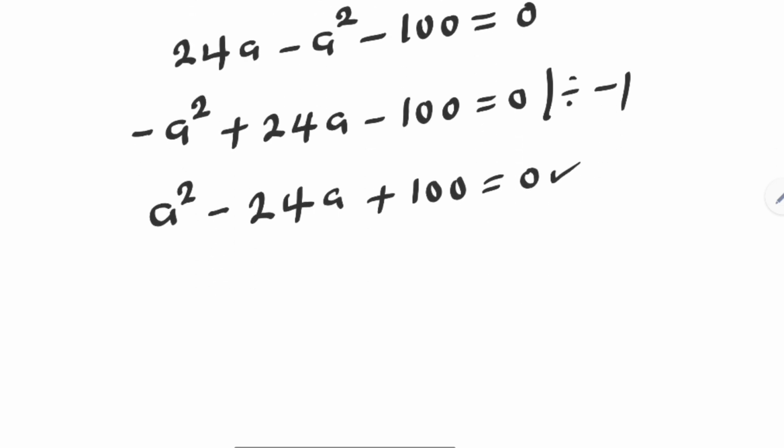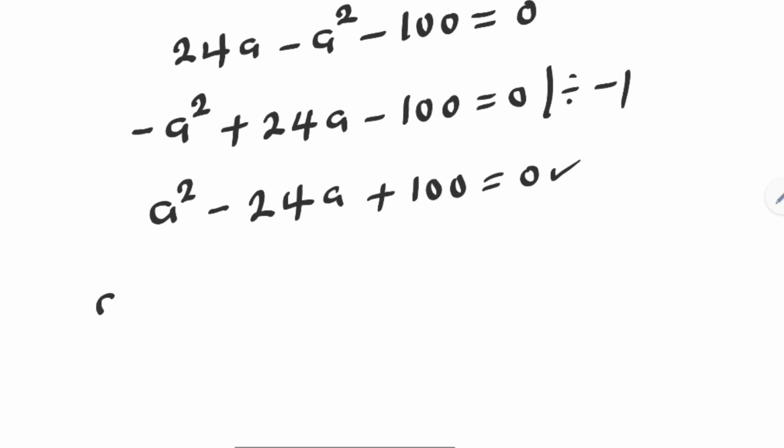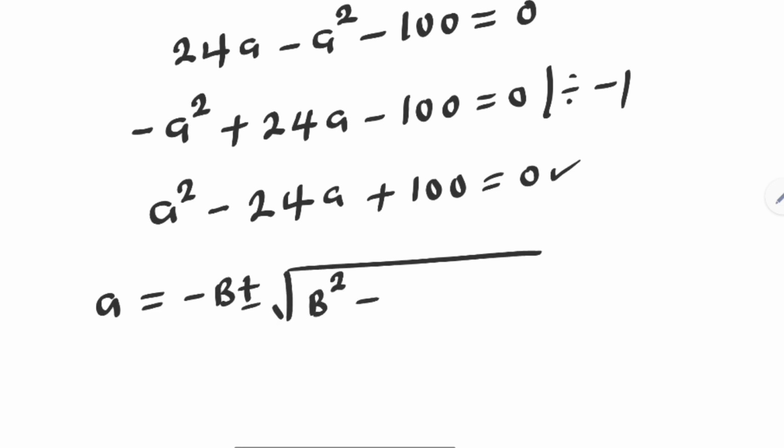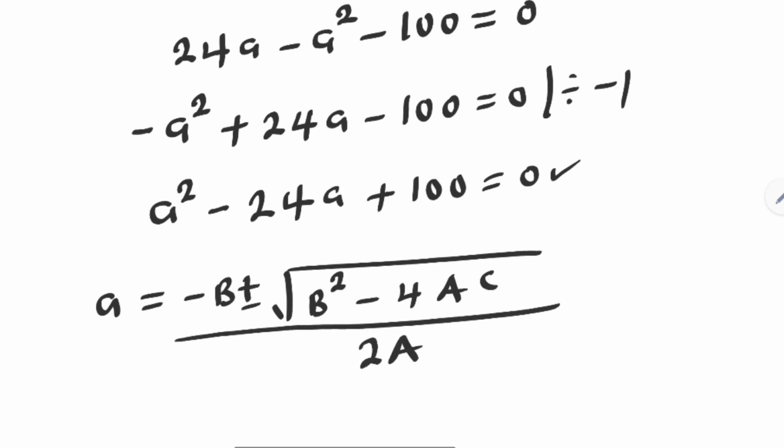This is a quadratic equation. Let us solve this using the quadratic formula. A is equal to minus B plus or minus square root of B square minus 4AC, divided by 2A. Then from this equation, A is equal to 1, B is equal to minus 24, then C is equal to 100.